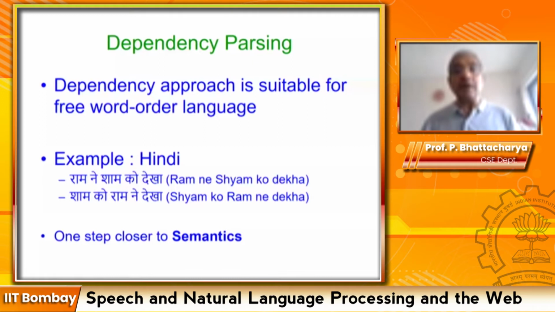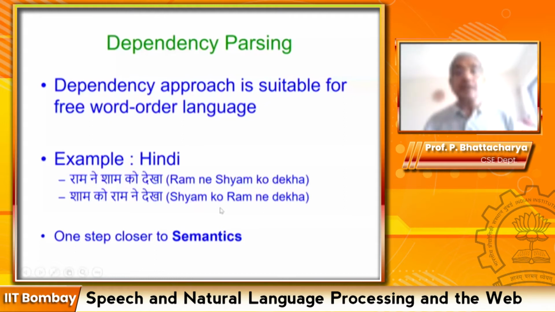So the canonical order is the most frequent order, but changing the order of the words to bring them to the front and back is done to focus emphasis on entities. So dependency parsing is really one step closer to semantics, which deals with meaning.